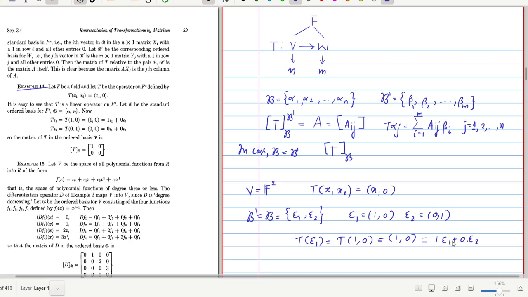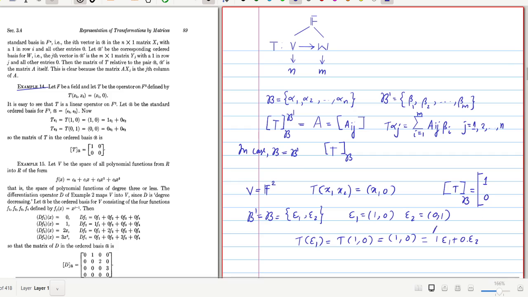Okay, so this will give the first column of the matrix of T relative to the basis B. So the first column of that matrix can be written as (1, 0). So this is our A11 and this is our A21.